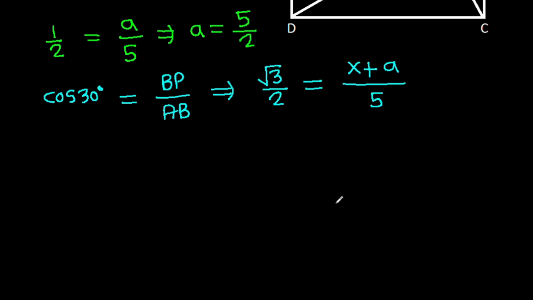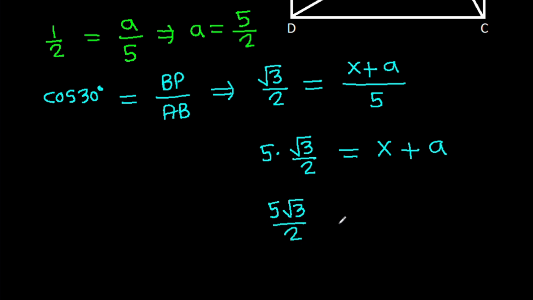If we cross multiply, then 5 times root 3 over 2 will be x plus a, so 5 root 3 over 2 is equal to x plus a, and a is 5 over 2.